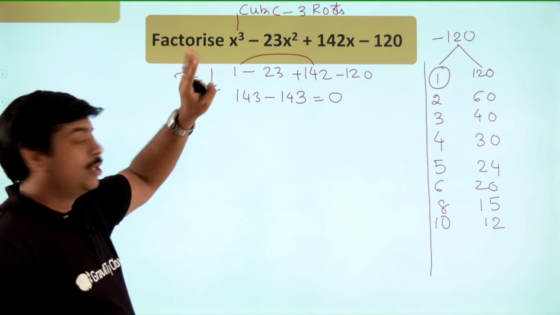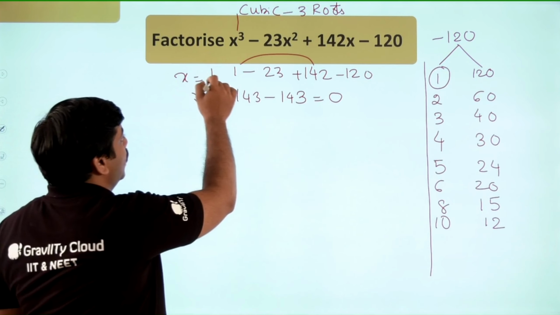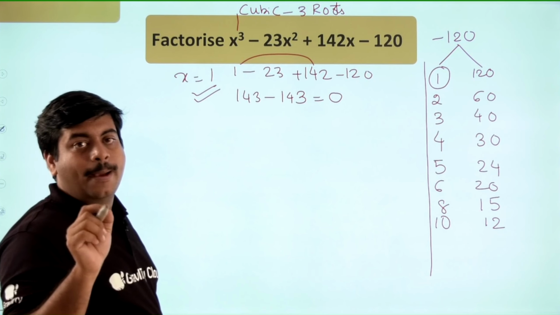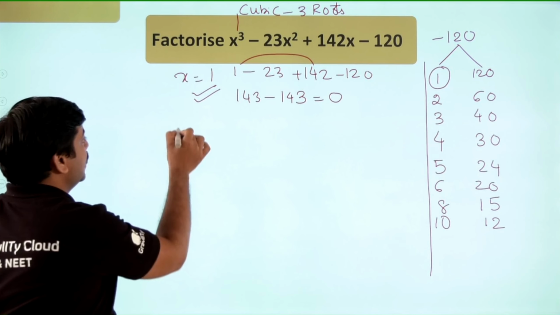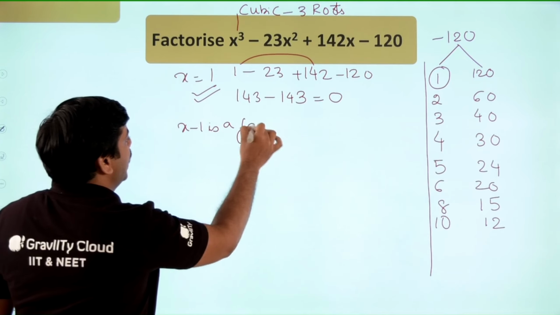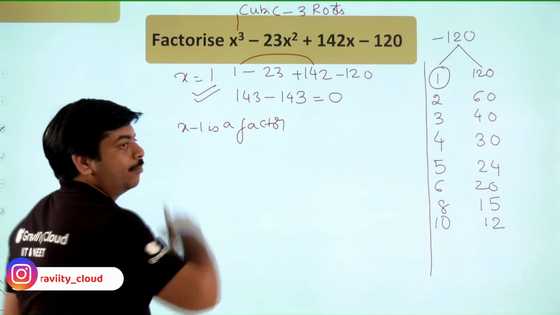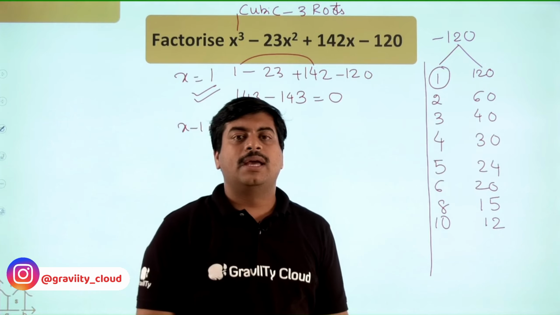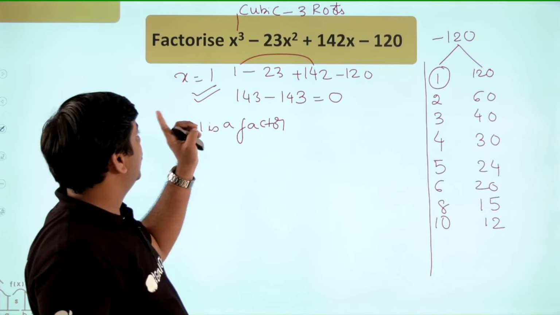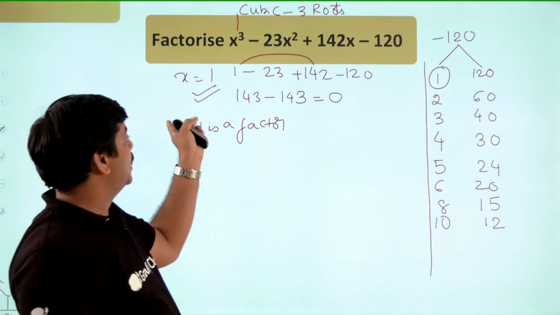How to do it? As I know x equal to 1 is a solution, by using factor theorem, I can say that x minus 1 is a factor of the given polynomial. So now, if x minus 1 is a factor, can I divide the given polynomial by x minus 1?